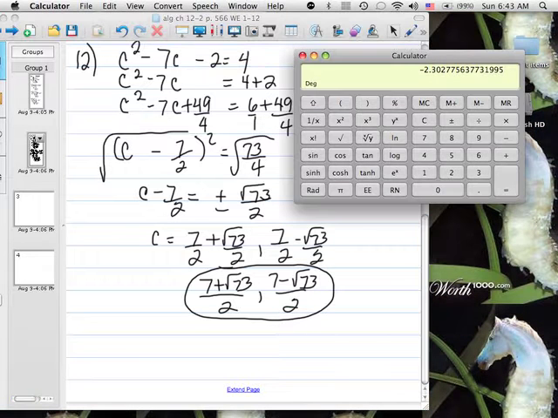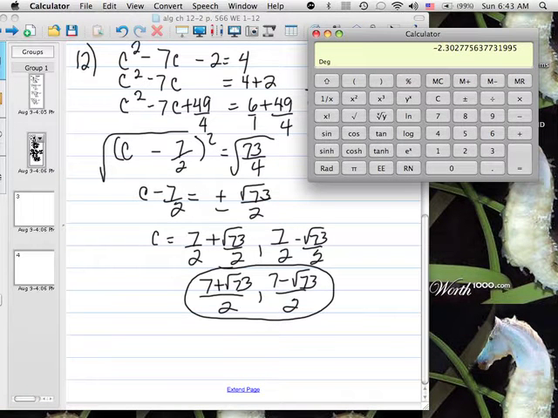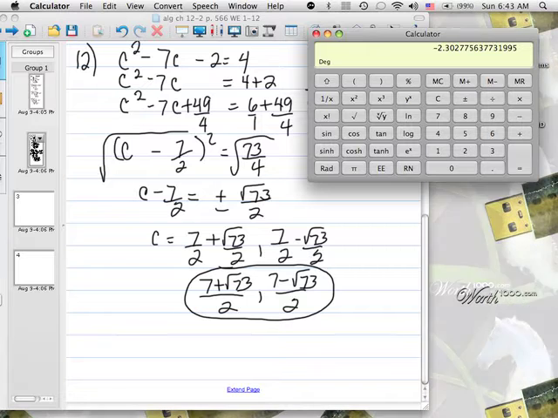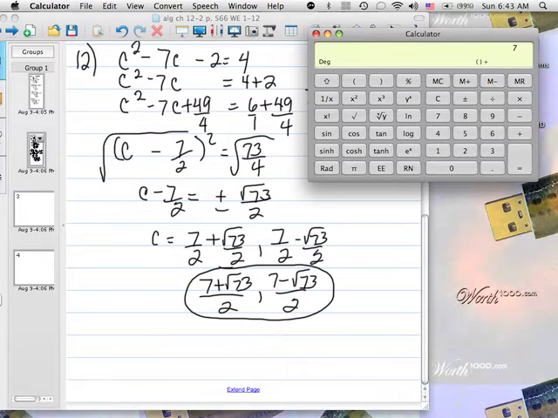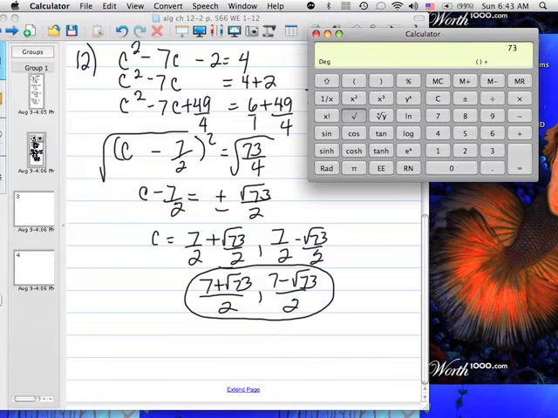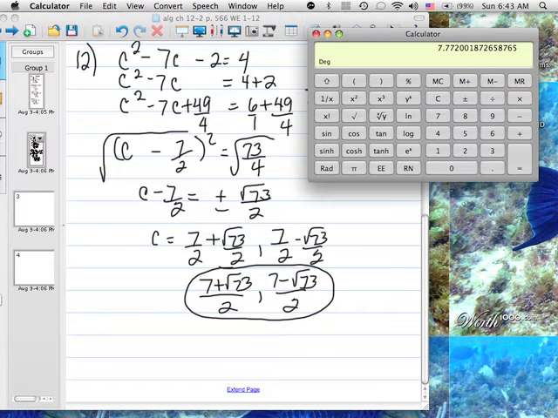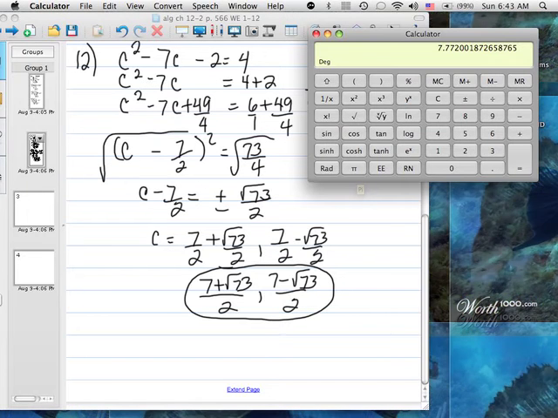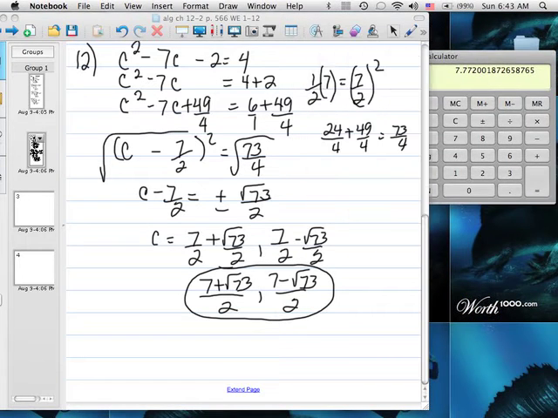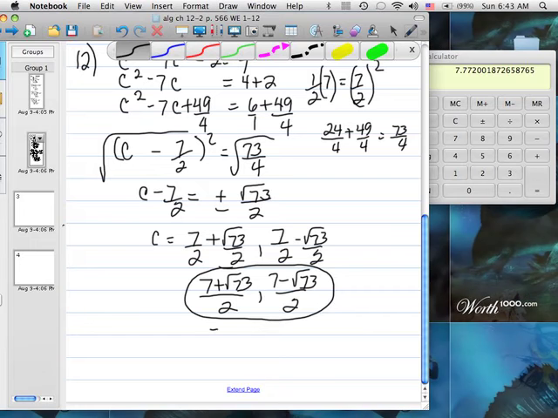Now we're going to approximate our answer to the nearest tenth. So parentheses, clear, parentheses, 7 plus the square root of 73, parentheses, divided by 2, gives me 7.8 to the nearest tenth. We need to round, there's a 7 after that.